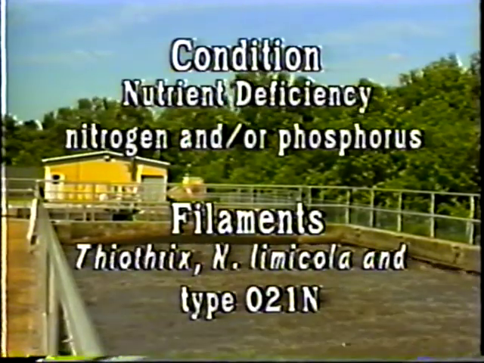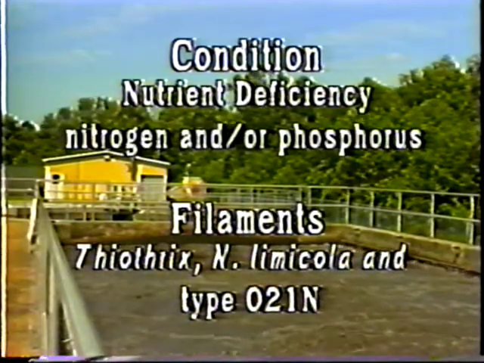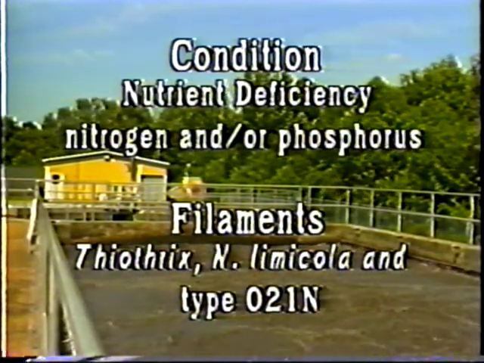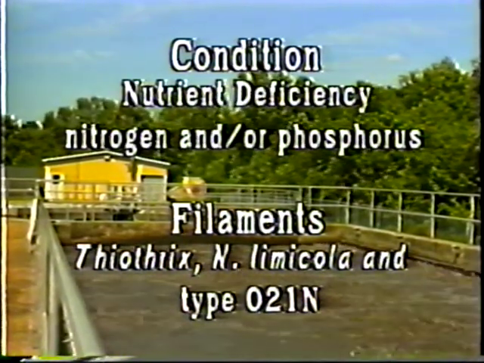Thiothrix 1 and 2, Nostocoida limicola 3, and type 021N also cause bulking at nutrient-deficient conditions, usually low nitrogen and/or phosphorus. This is generally not a concern for domestic wastewater treatment systems.